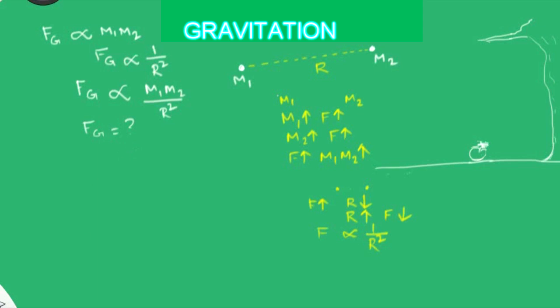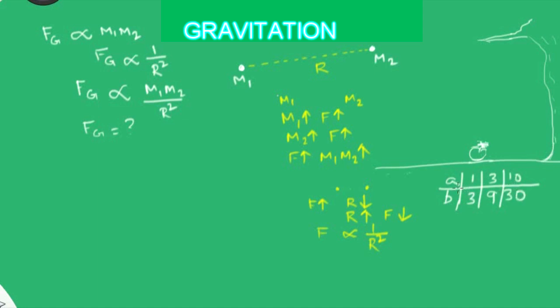What is a proportionality constant? Let's have two parameters. I call one parameter A and the other B. When A is 1, B is 3. When A is 3, B is 9. When A is say 10, B is 30.